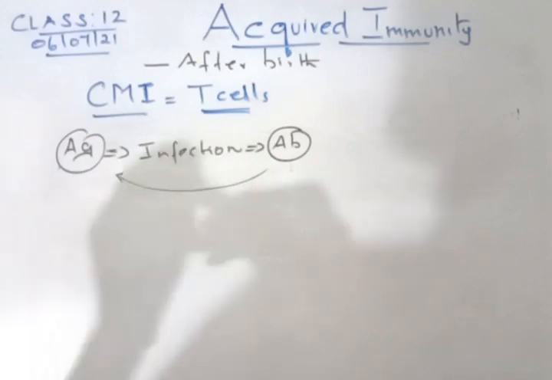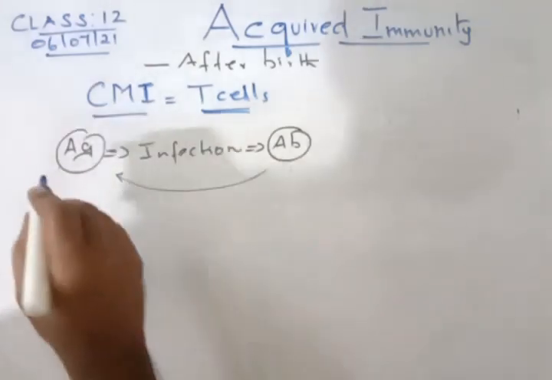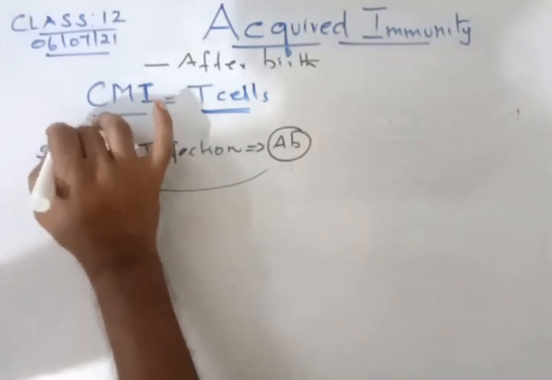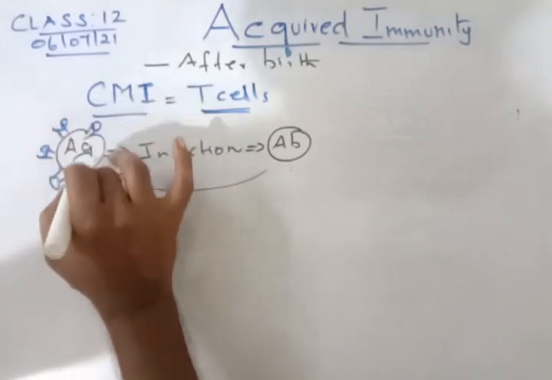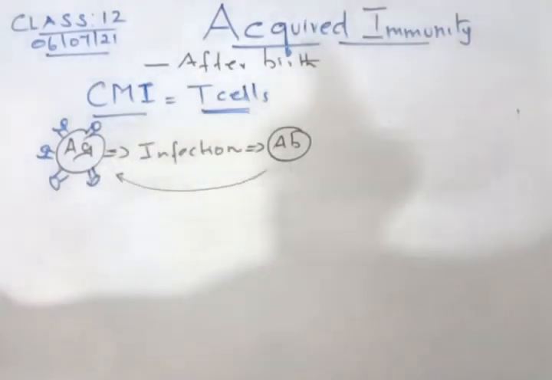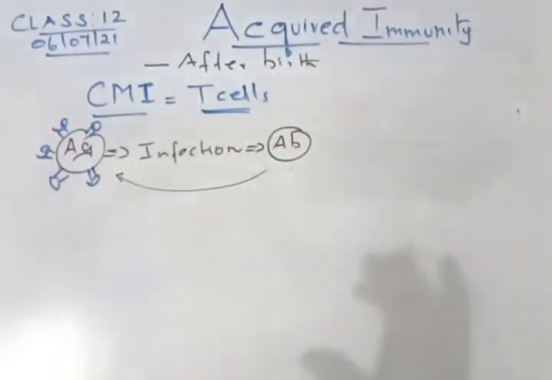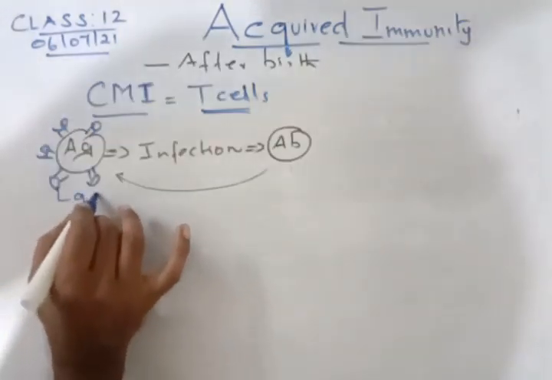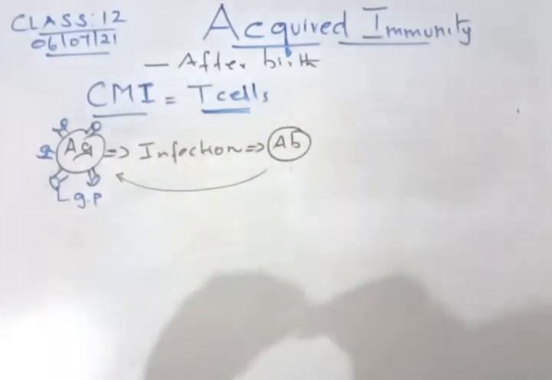Every antigen has a protein on the surface like this. You may be very familiar with this diagram; in all the advertisements, all the corona coverage, you can find this diagram. This protein is called GP, glycoprotein.